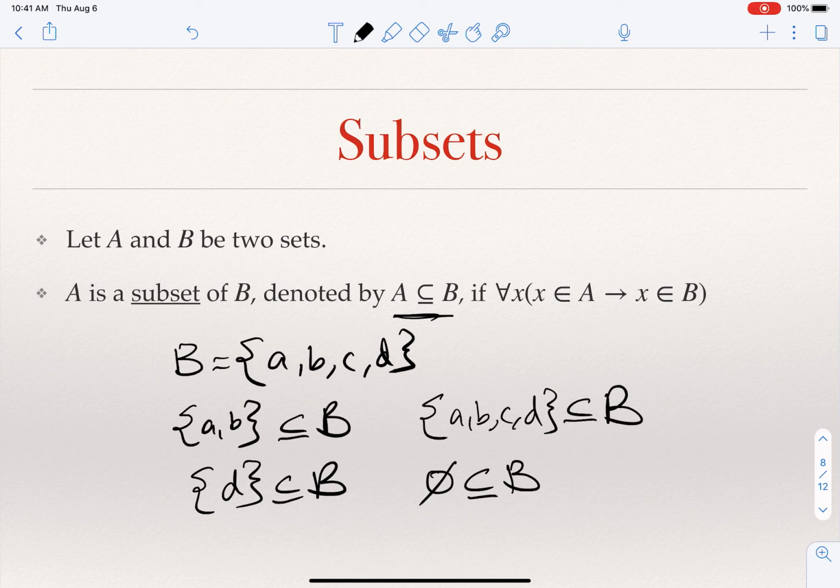So it really satisfies this quantified formula here. Okay, so when we look at a subset, just take any set of elements from B, and then you form a subset. In particular, if you take no elements from it, which basically gives you the empty set, that's also a subset of B.